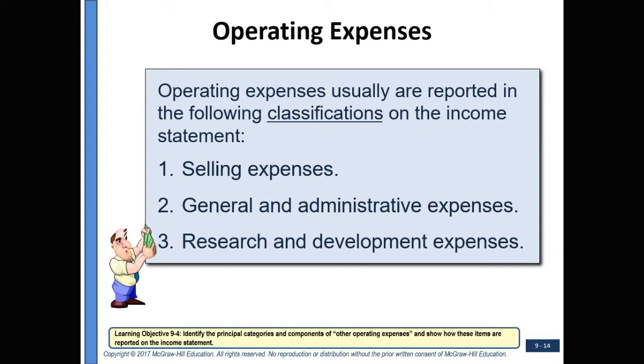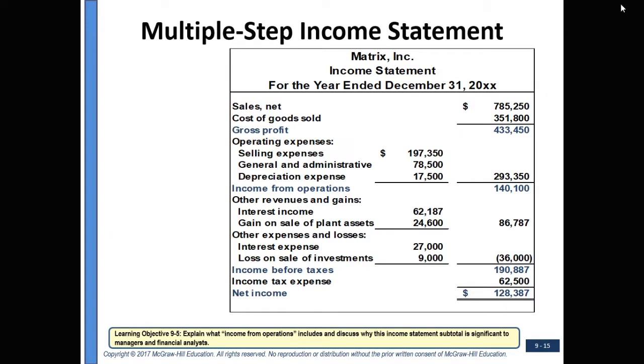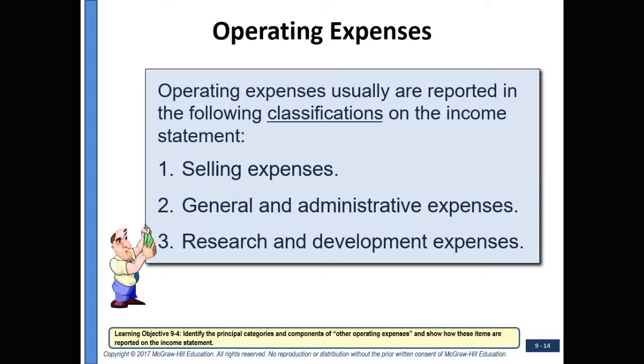So let's take a little bit of a deeper look at some of our operating expenses. My apologies, it skipped a slide there on you. Your operating expenses are going to fall into one of these classifications on your income statement. They're either going to be a selling expense, such as commissions, a general and administrative expense, such as maybe office salaries, or research and development expenses if you are in a manufacturing facility.